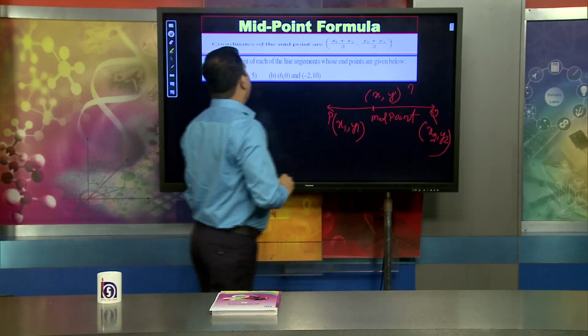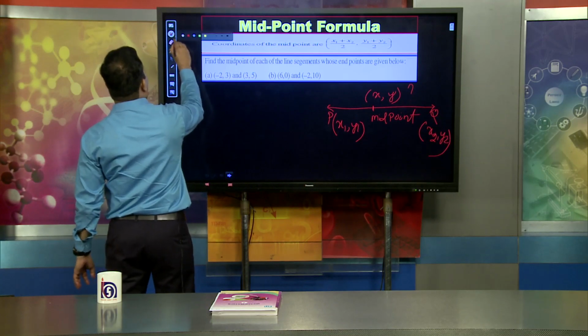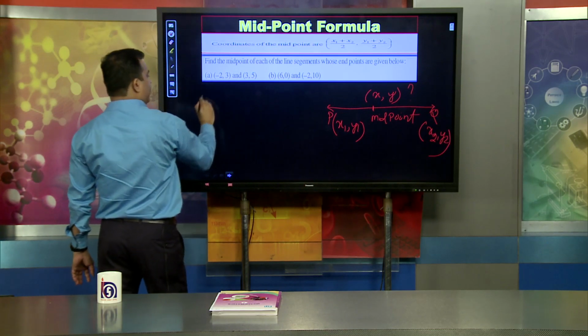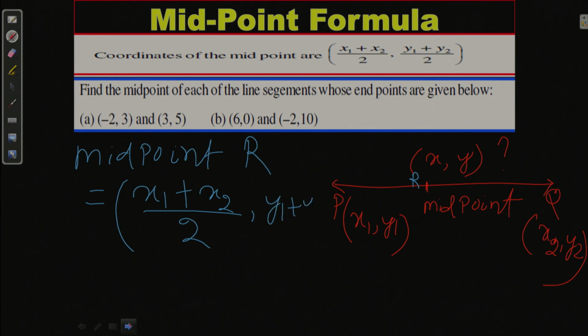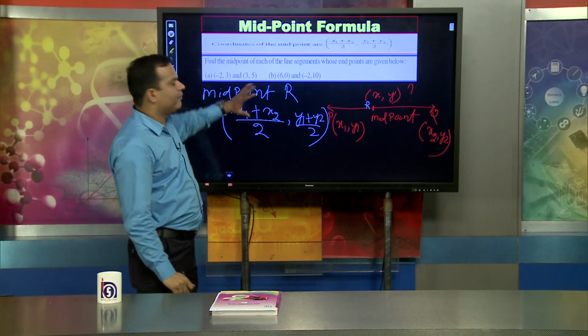Then the midpoint, suppose this midpoint is R, is equal to x1 plus x2 by 2, y1 plus y2 by 2. This will be the coordinate of the midpoint.